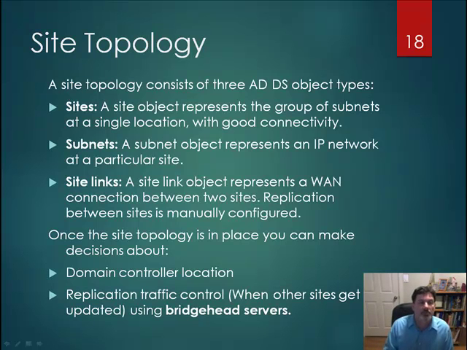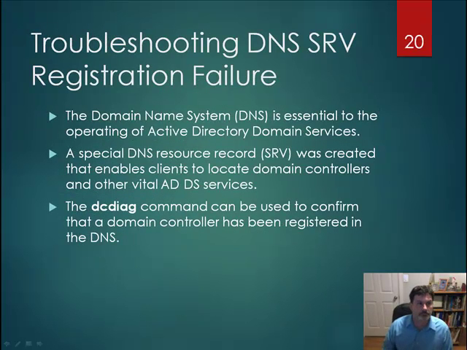And replication between sites, therefore, will have to be manually configured. Once the site topology is in place, then I can decide where to put my domain controllers and how often I want my bridgehead servers, those servers that provide those site links between WANs, to connect and disseminate information.